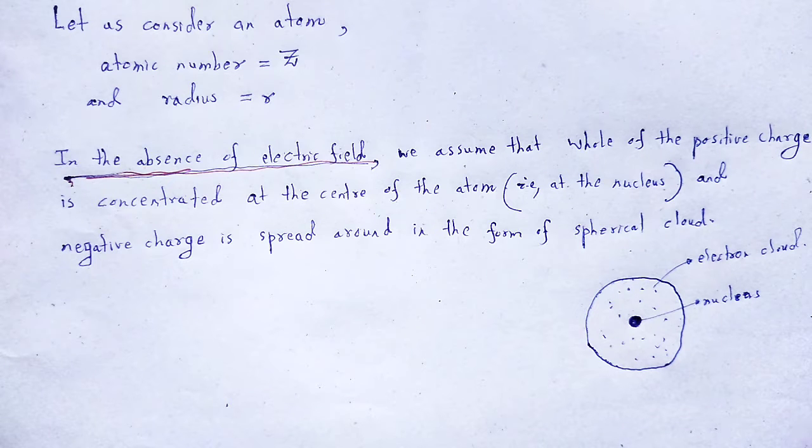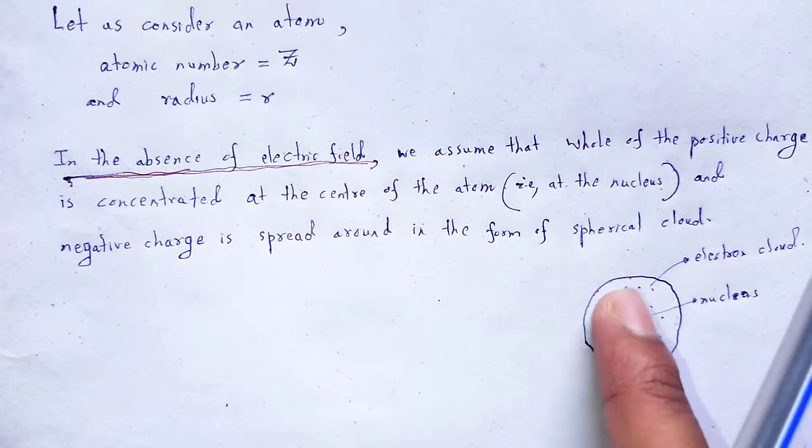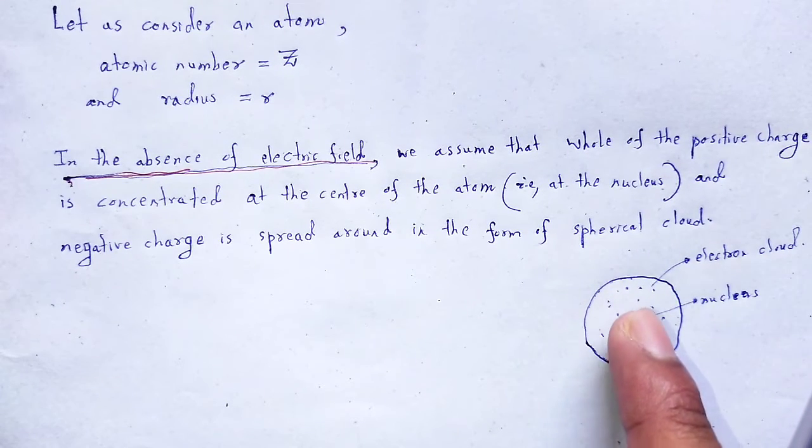But when we apply an external electric field, distortion takes place in the electron cloud.